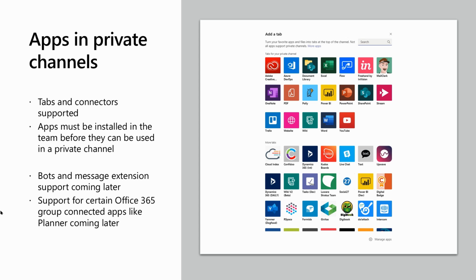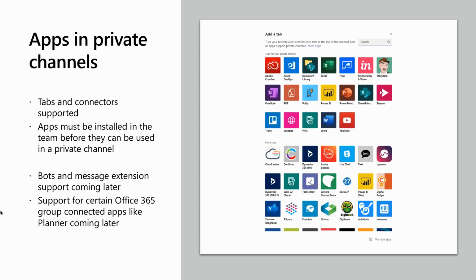One of the great things is that you can use apps in private channels, and so tabs and connectors are supported. The apps must be installed in the team before they can be used in the channel, and hopefully you're starting to see a bit of a theme here, right? The private channel is inheriting settings and information and potential members from the team itself, and then you're configuring that at that private channel level so that you're scoping it down to the people who you really want to see that.